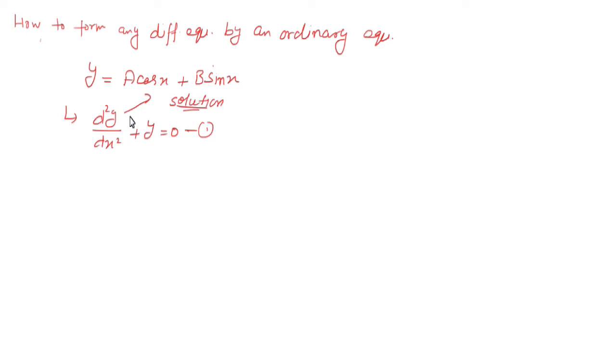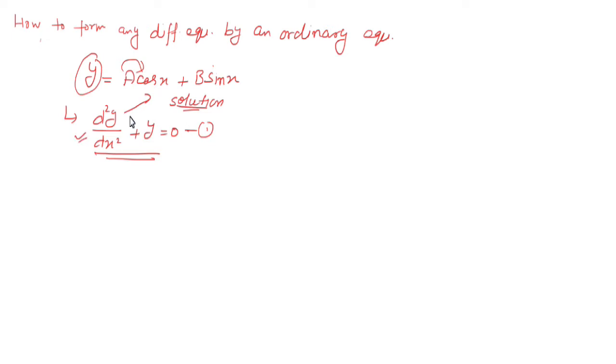So if you have to find solution of any differential equation, you have to find out the function y, which is the function of x, that is satisfying that equation.